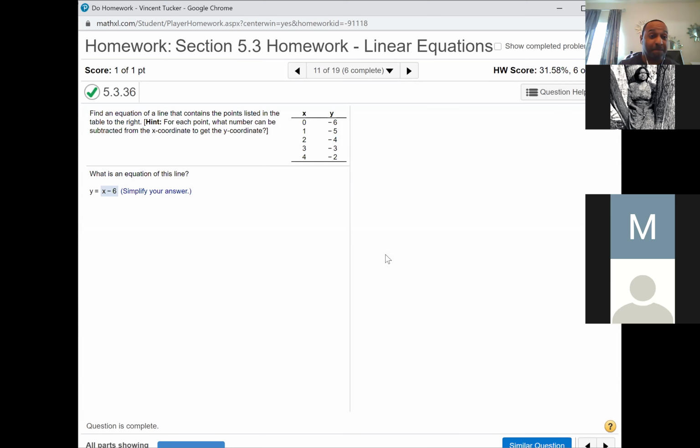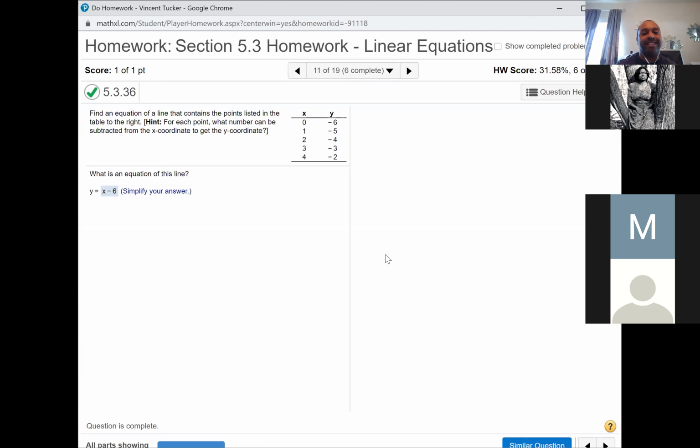So it's -6. So you want x minus 6. When x is 0, y would be -6. And then when x is 1, plug 1 in there: 1 minus 6 is -5. Plug 2 in there: 2 minus 6 is -4. I said subtraction. Was I right?